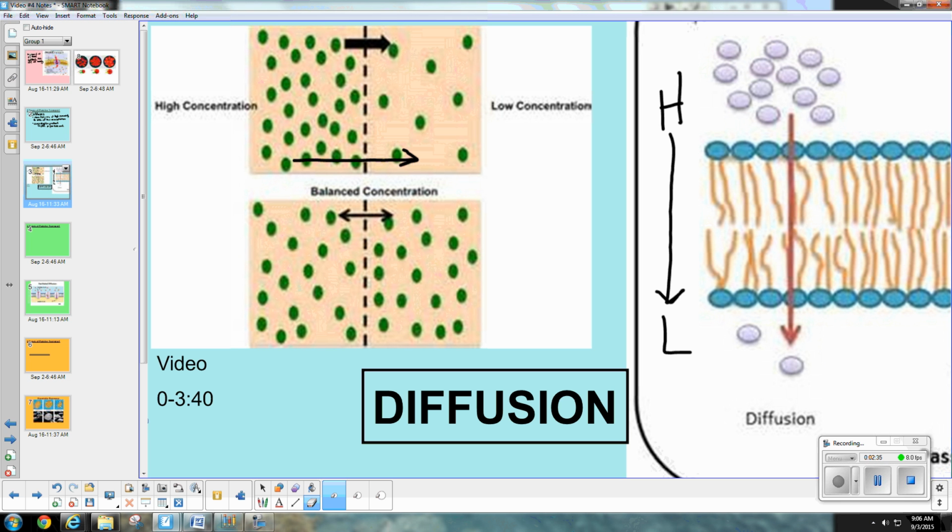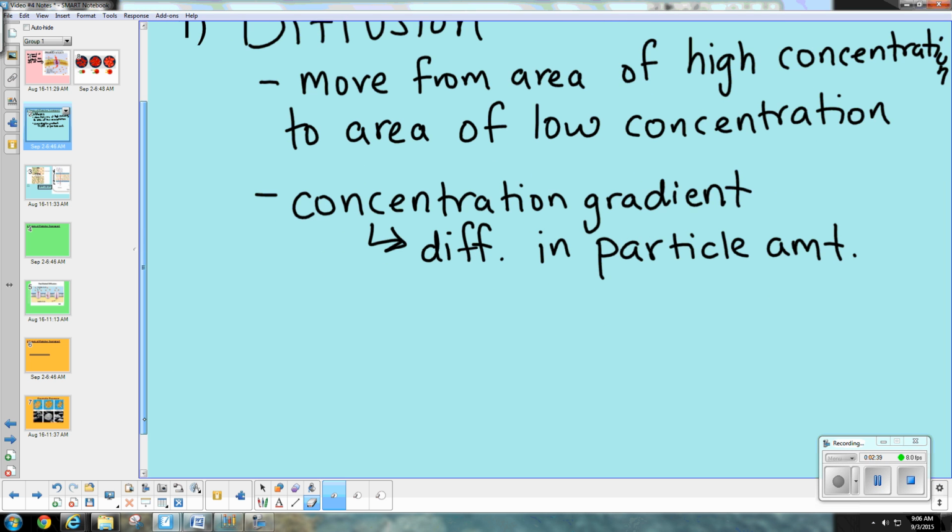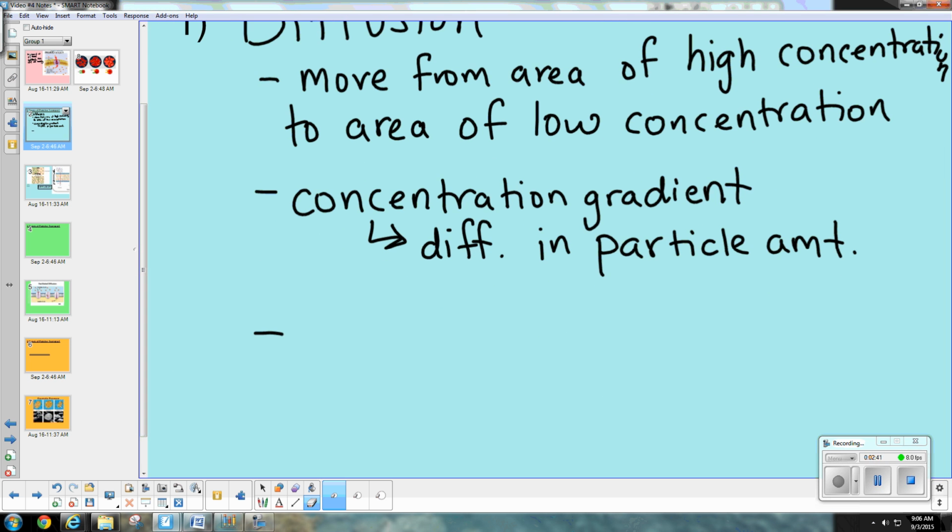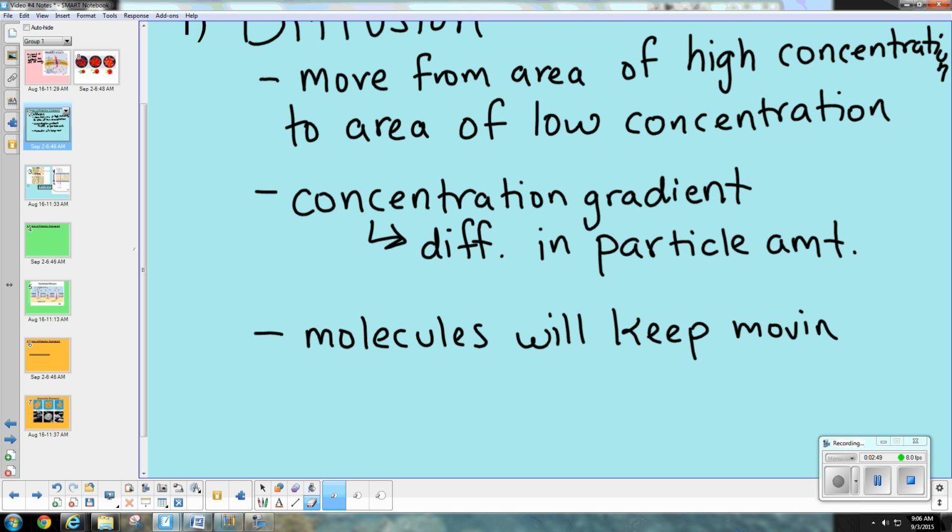Now, this equilibrium, though, is always changing. So I'm going to make sure we get that down. Molecules will keep moving. But here's the key, the concentrations, the amounts, will remain the same.